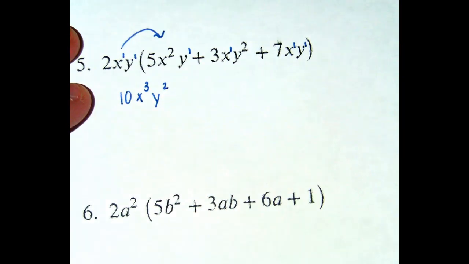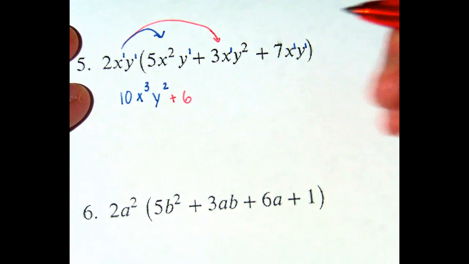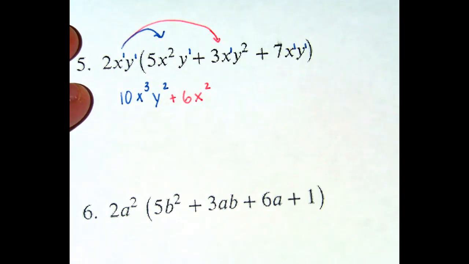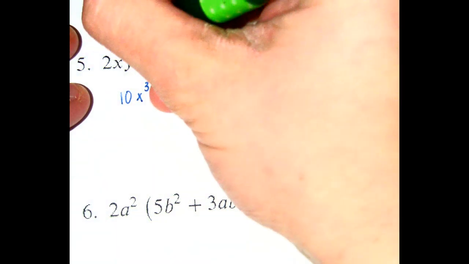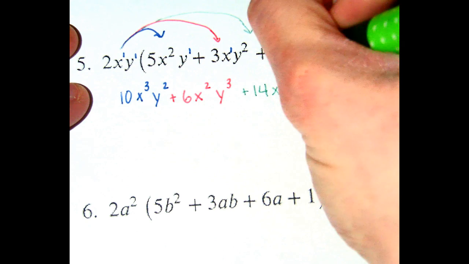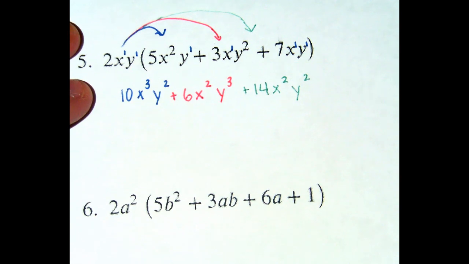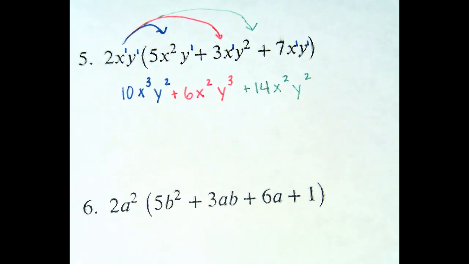Okay. Alright, good. You guys are taking this really well. Okay. Then plus 6 x squared. Good. Is that in standard form? Yeah. Alright, I want you guys to do 6.